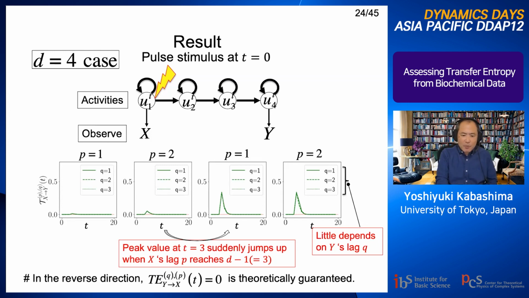But the peak value at t equals 3 suddenly jumps up when X lag P reaches 4, D minus 1 equals 3. Okay. So we can get this kind of transfer entropy from X to Y. And actually in the reverse direction, transfer entropy from Y to X is always 0. This is theoretically guaranteed.